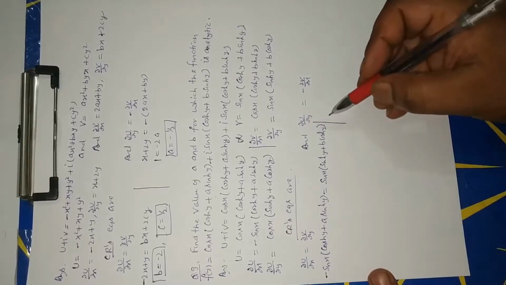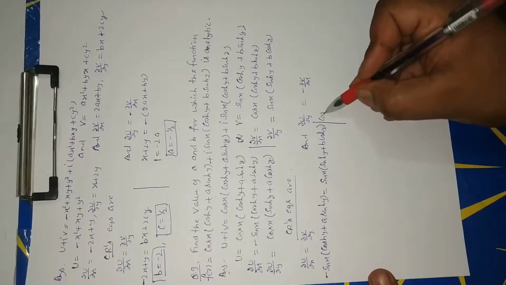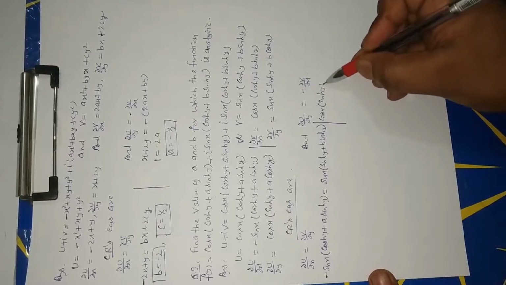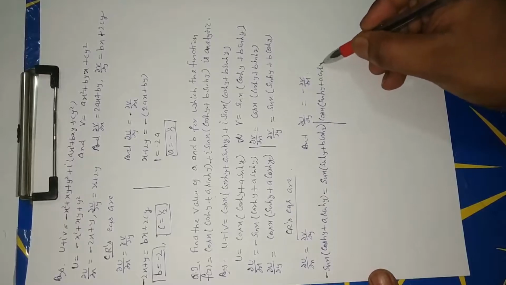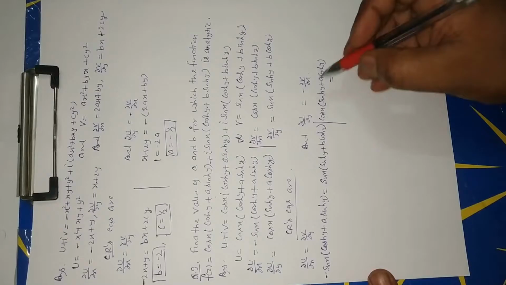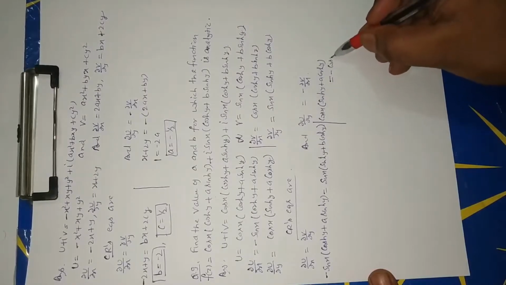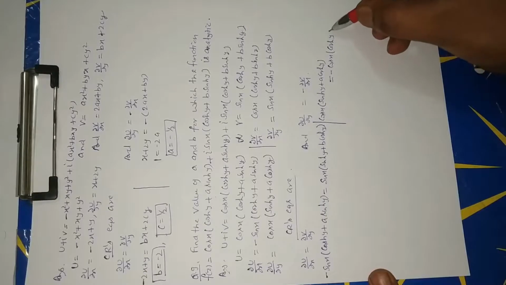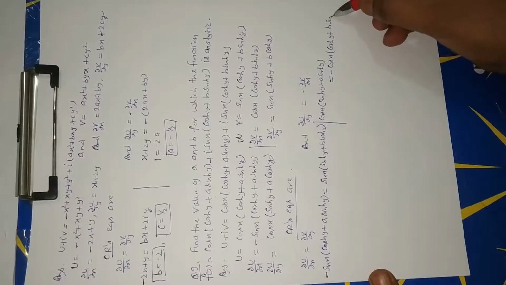Now del u upon del y, cos x (sinh y plus a cosh y), equals minus del v upon del x, which is cos x (cosh y plus b sinh y).